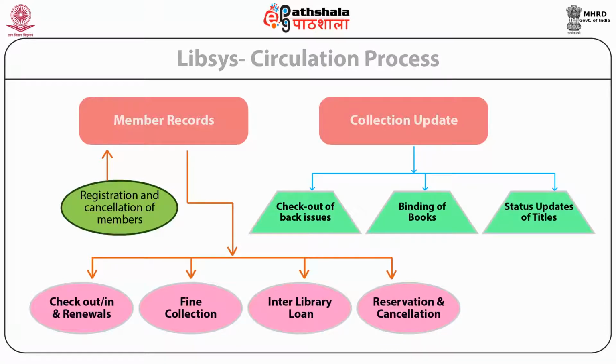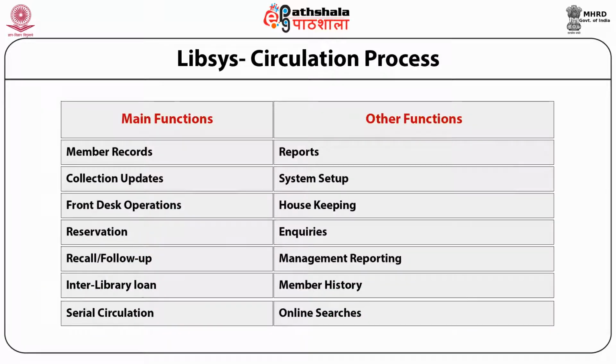The screen shows certain functions of the circulation system which facilitates the registration of members, maintenance of their status, knowing about the status of the titles in the library, maintenance of the database, interlibrary loan, collection of fine from members, and online searches.